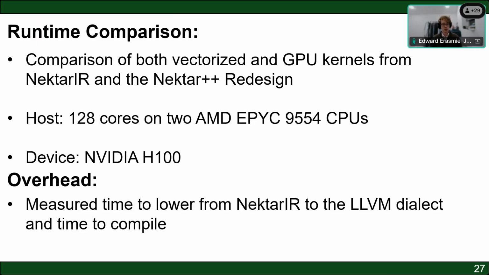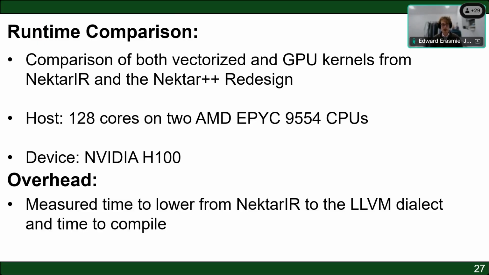comparison for the runtime, we compare both vectorized and GPU kernels from NektarIR and the Nektar++ redesign. On the host side, we use AVX-512 intrinsics on 128 cores on AMD EPYC 9554 CPUs. On the device, we're just using an NVIDIA H100.